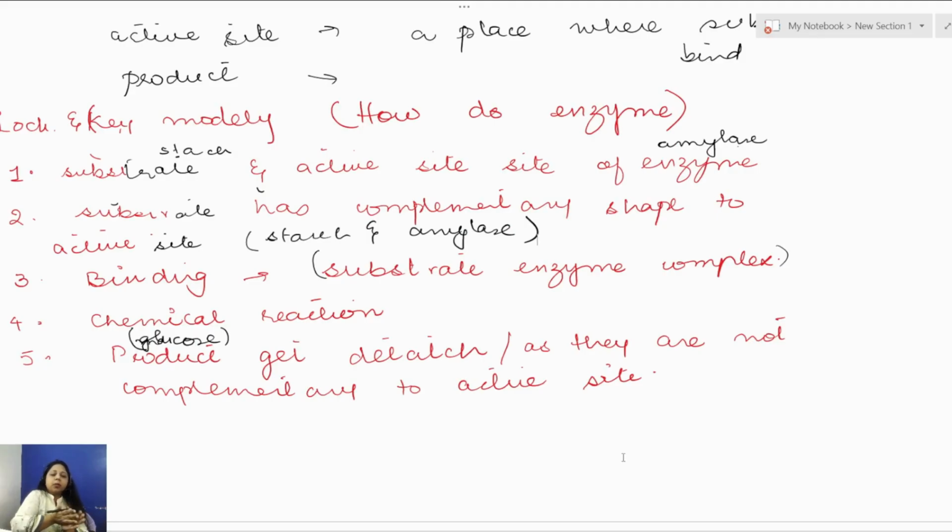So if the question is about protease, how are you going to tell this? Protein, exactly.